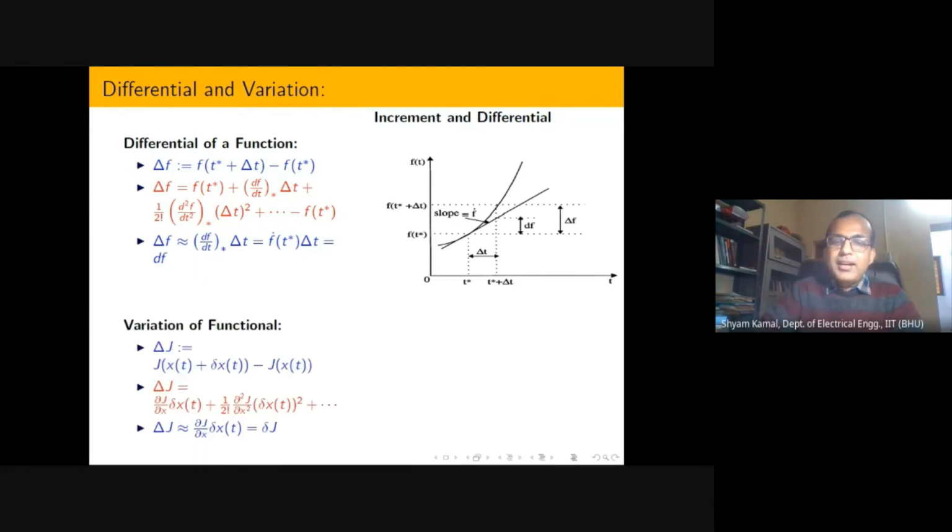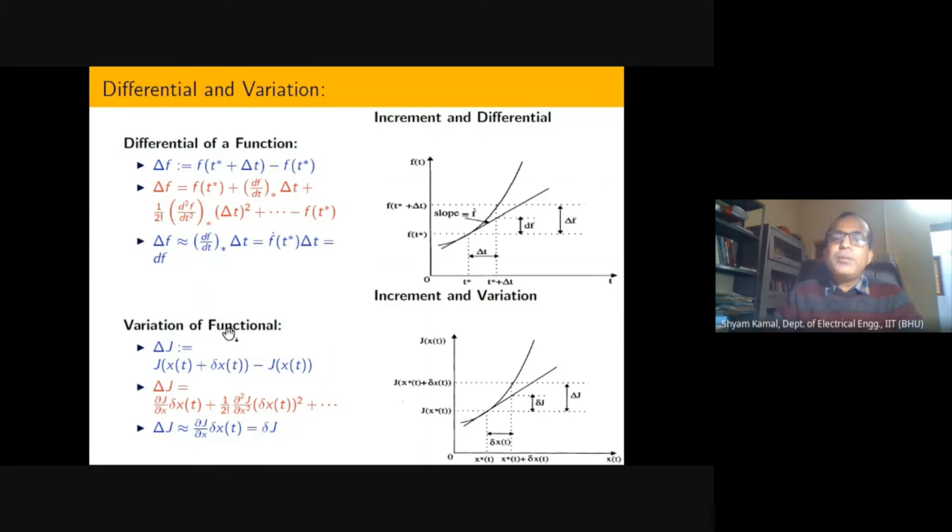Similarly, whenever we are talking about the optimal control problem, at that time we are defining some new notion, because I have to give a different name. Same as in calculus, that is called variation. And what is the meaning of variation? Again, you can see that I am incrementing time, because the argument is time, but here the argument is a function.